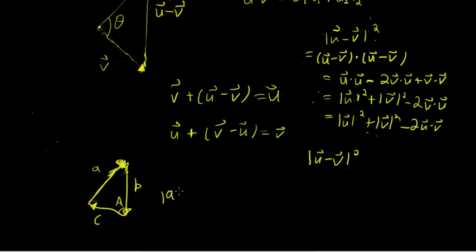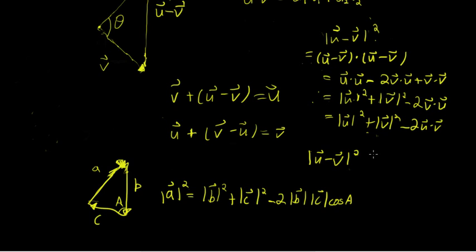But the law of cosines tells us the magnitude of A squared is equal to the magnitude of B squared plus the magnitude of C squared minus 2 times the magnitude of B times the magnitude of C times the cosine of this angle opposite side A.